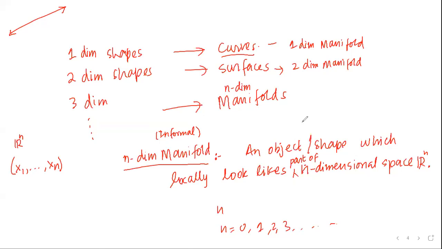N means any arbitrary dimension. Any curves are one-dimensional manifolds. Two-dimensional manifolds are the surfaces, spheres. For example, a sphere is a two-dimensional manifold. It is not a three-dimensional object. It is sitting inside a three-dimensional object. The example I gave just now, let me give the sphere example again: the Earth we are on is a sphere, but what does it look like?